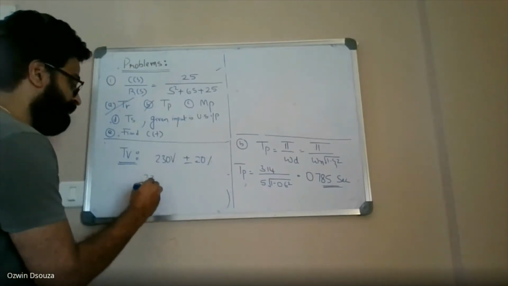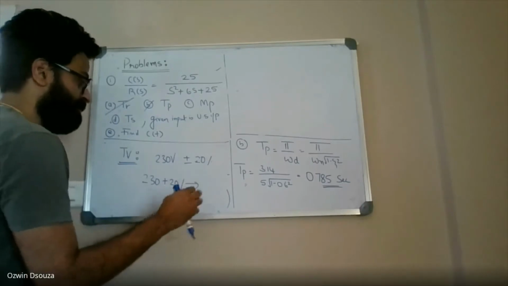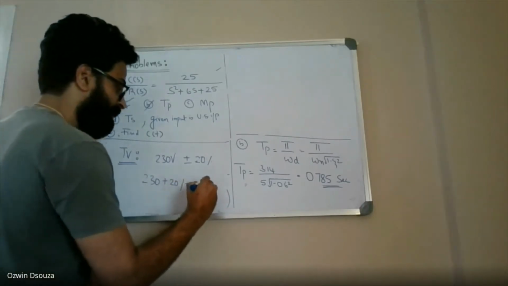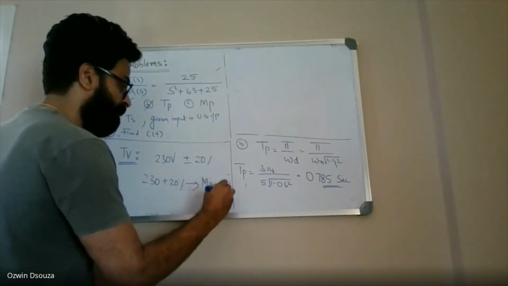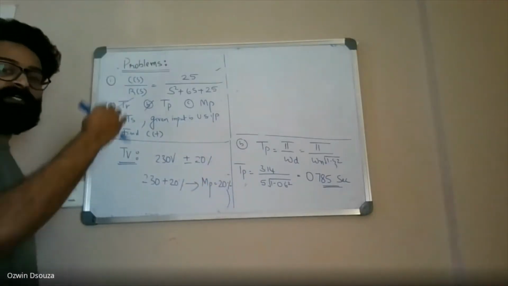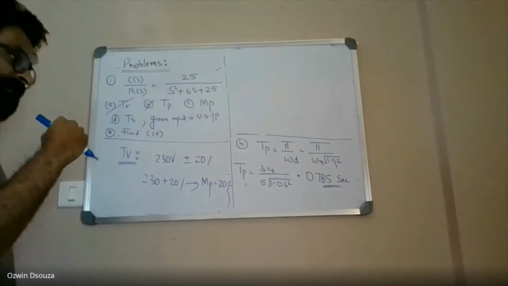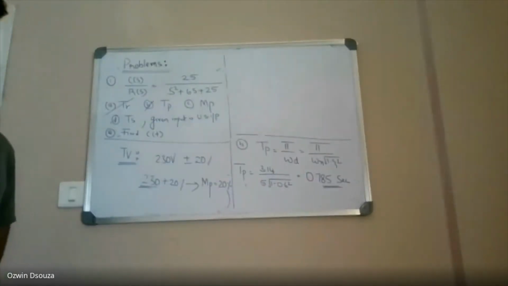So when you take 230 plus 20%, you are allowing an overshoot of 20%. That means the voltage can go above the nominal value of 230 volt by a factor of 20%.